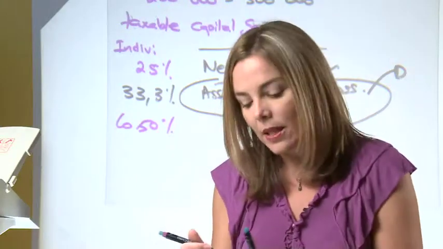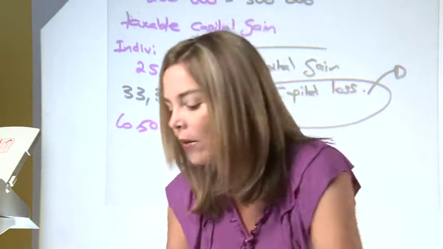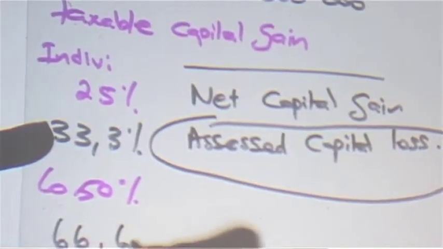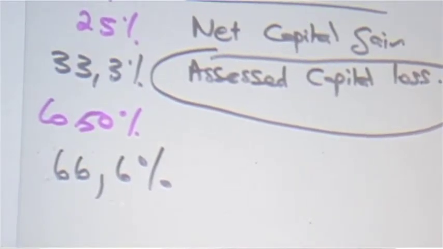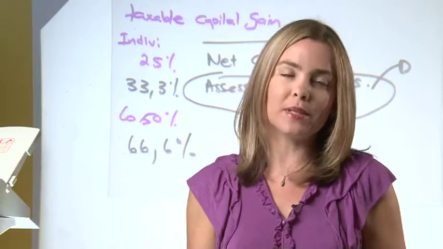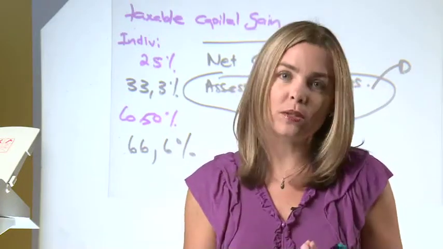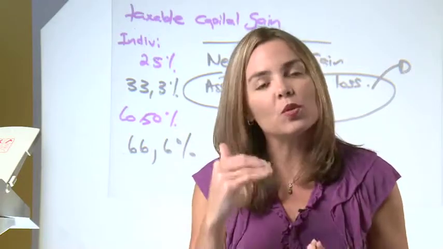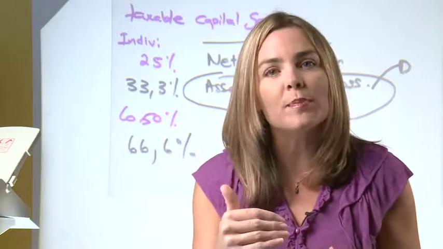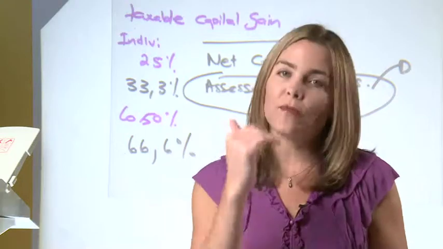Now, for companies, that rate has also changed from the 1st of March 2012, such that 66.6% of the net capital gain will be pulled in as a taxable capital gain into the company's taxable income. So what we've seen is, for individual taxpayers, that inclusion rate increasing from 25% to 33.3%, and for a company, the inclusion rate increasing from 50% to 66.6%.